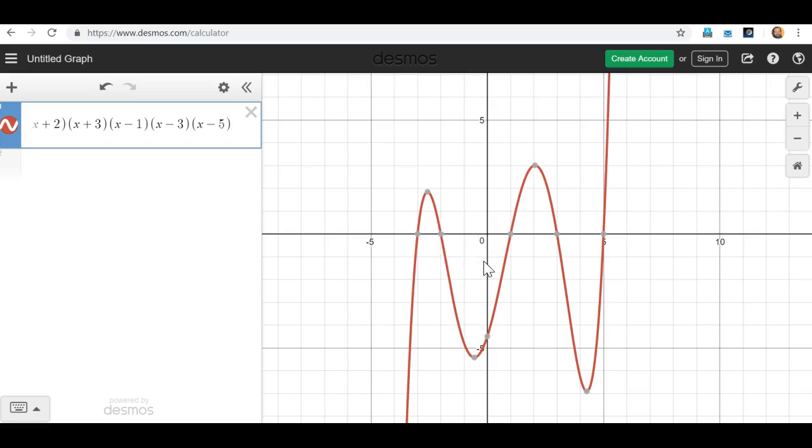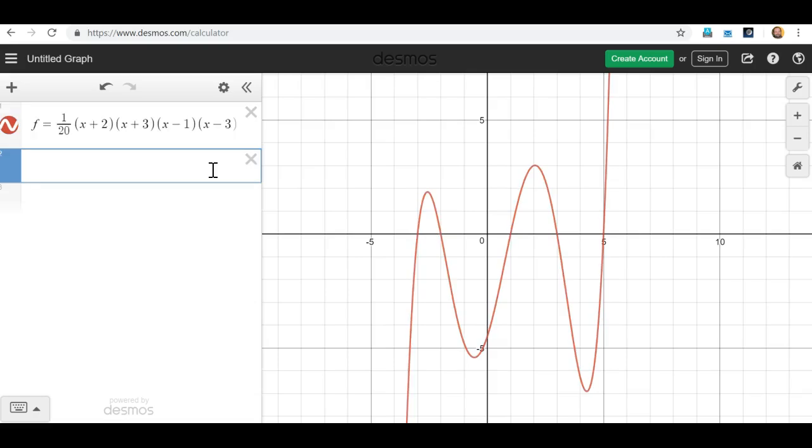The other thing I want to notice is that the concavity is down until I get to about here. Then it switches and goes up until about there. Concavity's down until here again, and then up the rest of the way. So this thing switches both direction and concavity.